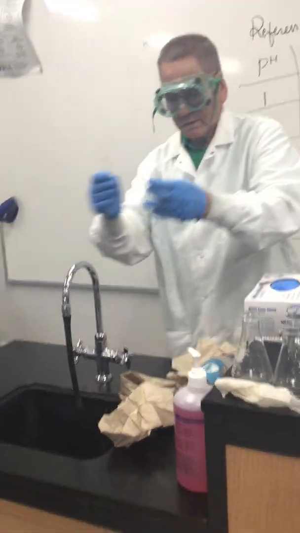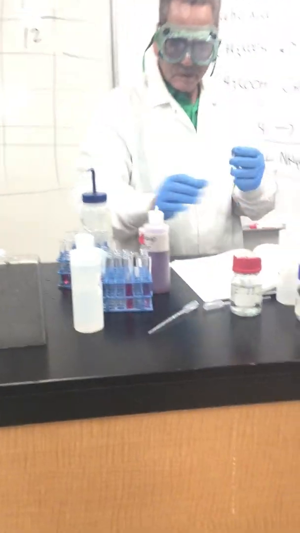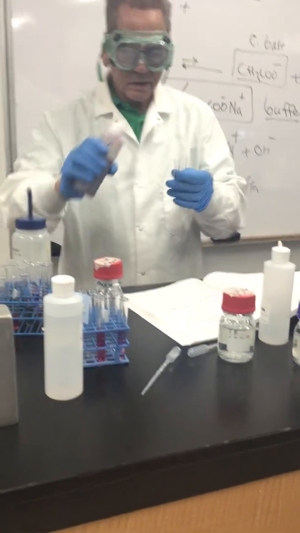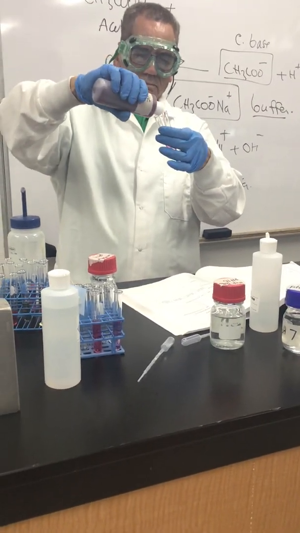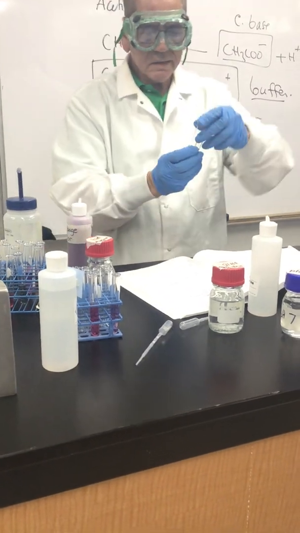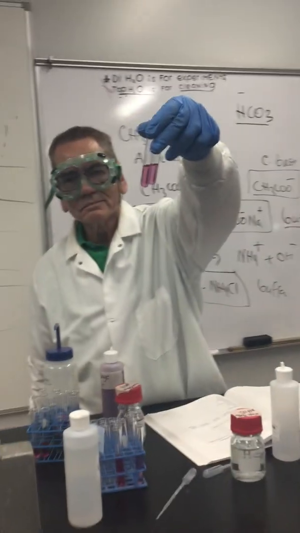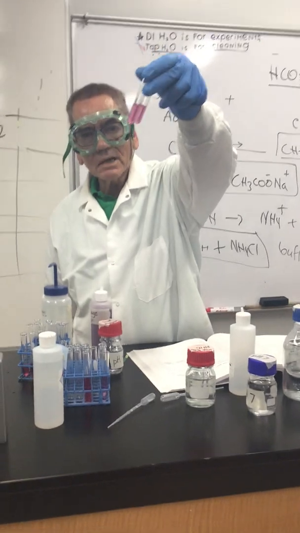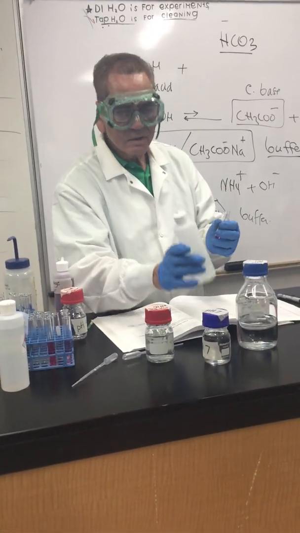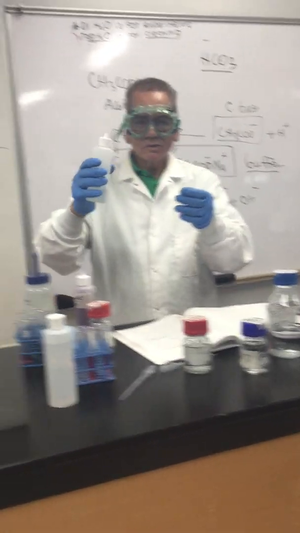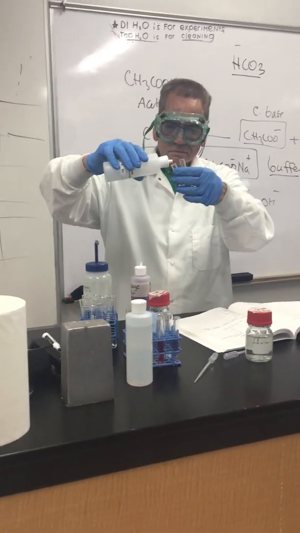Now, we're going to add our indicator. And this is the color that I have with the indicator. That's buffer plus the indicator. Got it? And we're going to add drops of sodium hydroxide to the buffer 4.